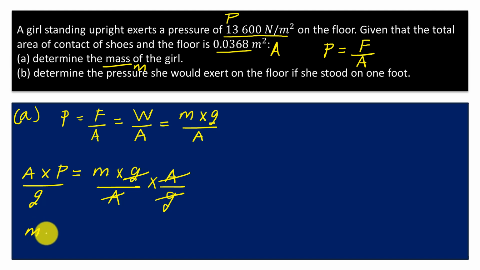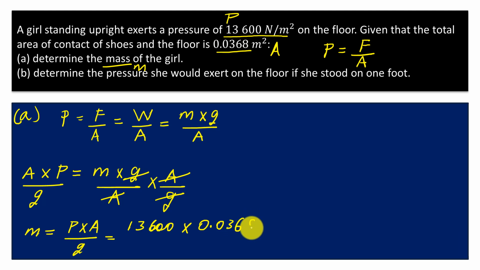So m is definitely going to be equal to pressure times area, which gives me the weight of the object, of course, divided by g, and this will give me the mass. The pressure is 13,600 times the area of 0.0368, and all these I divide by the value of the gravitational field strength of the Earth, which is 10.